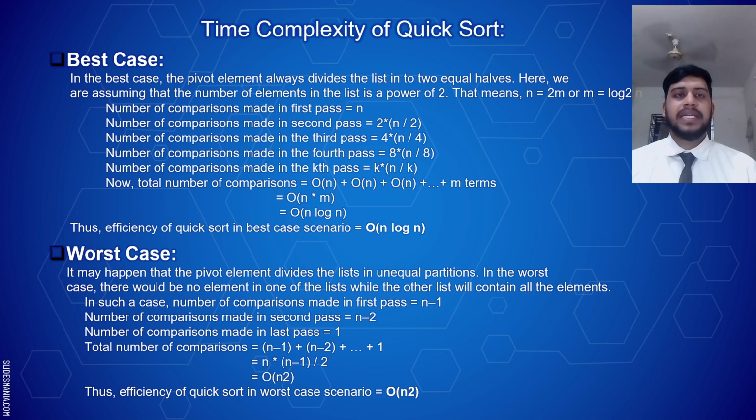When the partitions are highly unbalanced, the worst case occurs, and the worst case complexity is O of n square, and the average case time complexity of quicksort is O of n log n.